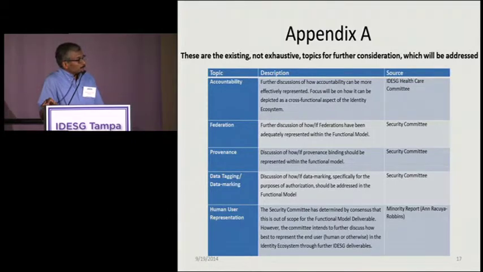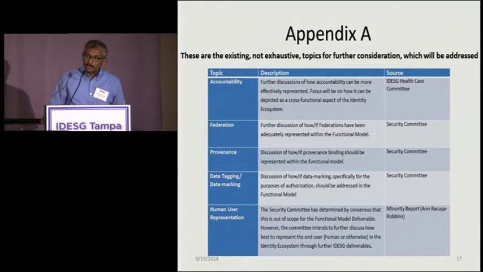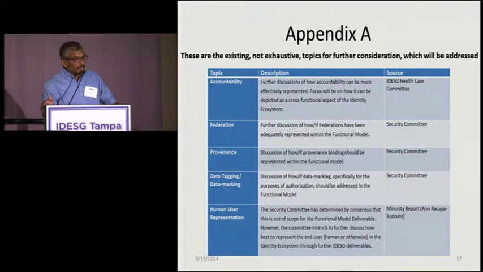So that's another item. And the human user representation, I think this is the point that you were trying to make, Anne, which is how do we look at the functional model from a user perspective, end user perspective. So I think this is a valuable input that we definitely need to start looking into, and we already have a document for that called the Minority Report.